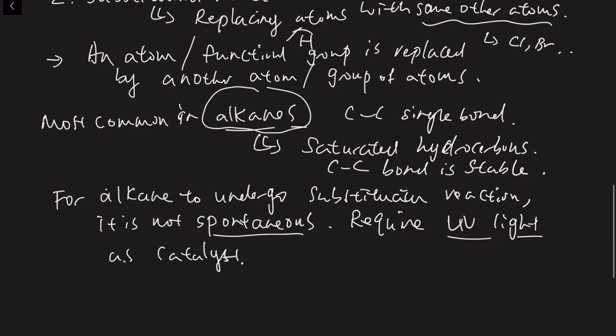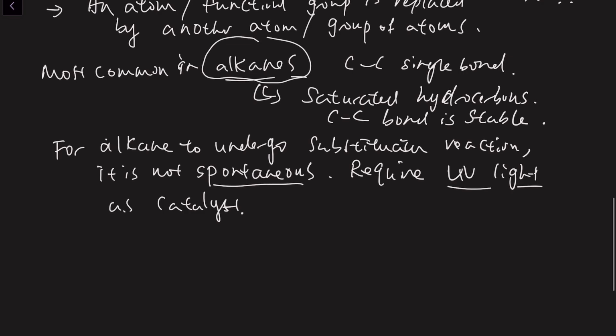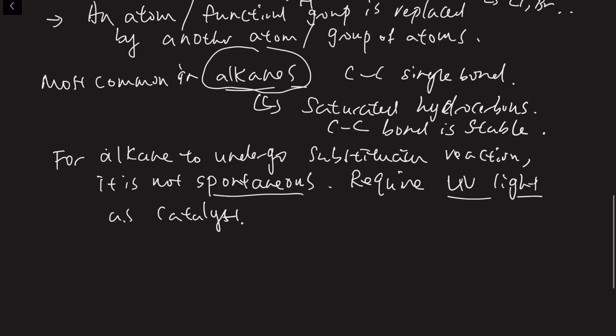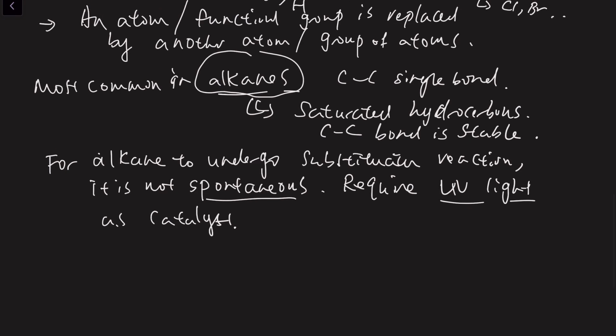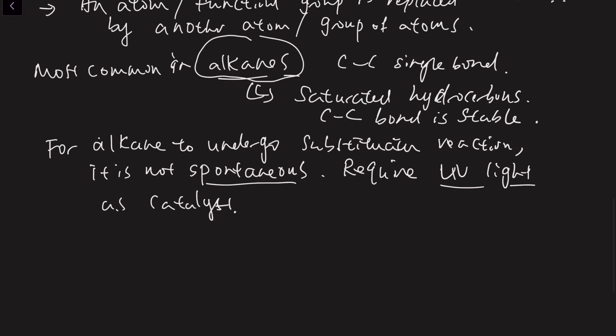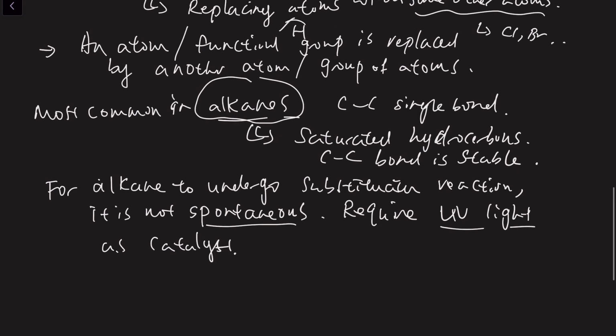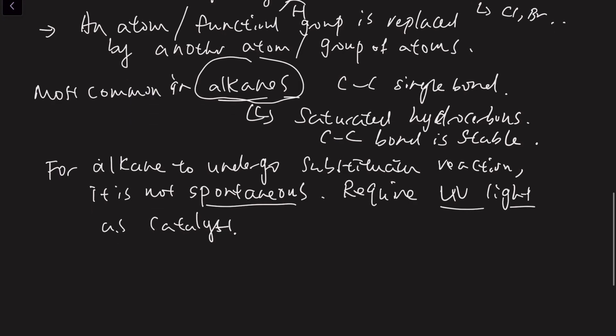So I think the function of UV light is to provide some extra energy so the C-C single bond can be disrupted. And once the bond has been disrupted, it can form covalent bond with other species, such as chlorine atoms. So this reaction would not occur spontaneously or automatically. We require a catalyst for this reaction to occur.